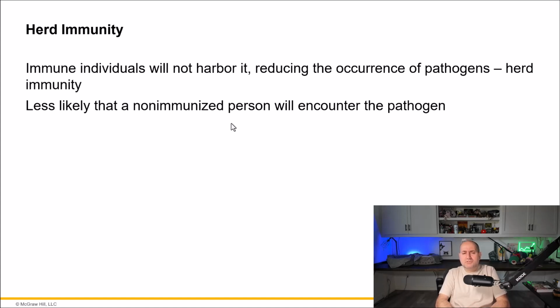There are people who just can't become vaccinated. And you're protecting those people by having more of the population have the immunity. This is known as herd immunity. The more people are immune to a particular disease, the less likely it is to be spread around, and the more you are protecting people who cannot become immune.